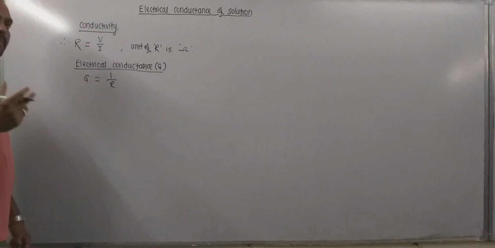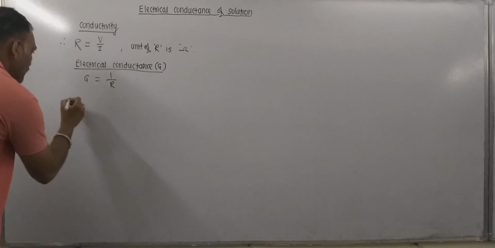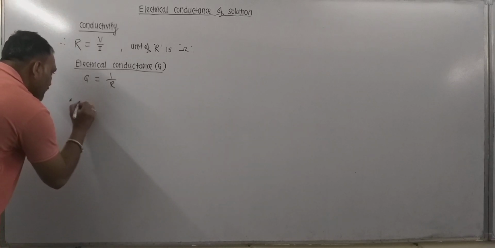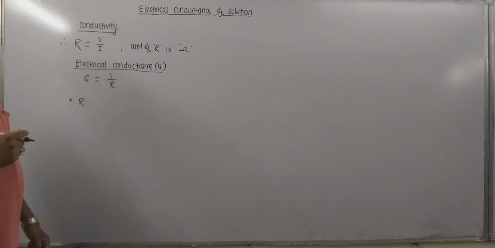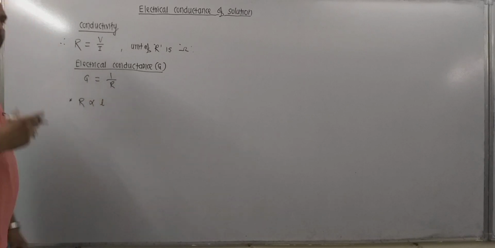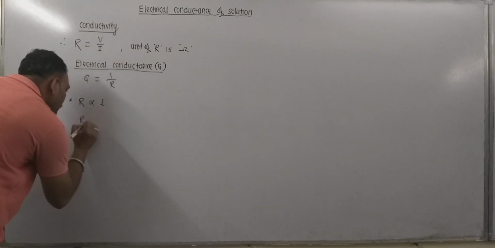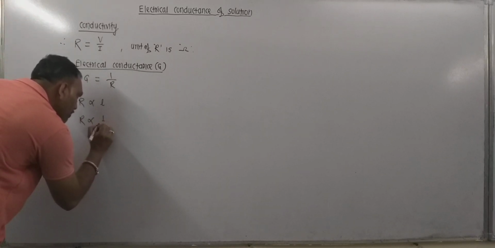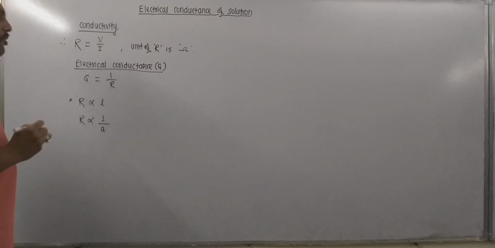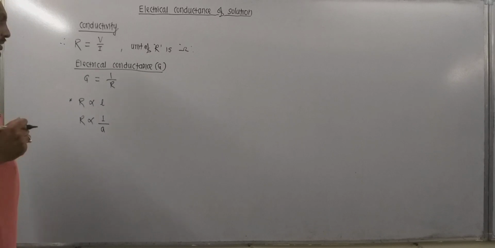And what happens with the resistance of any conductor? Remember, it depends on a number of things. The resistance of a conducting material is directly proportional to the length of that wire or material and inversely proportional to the area of cross section of that material which is conducting the current.